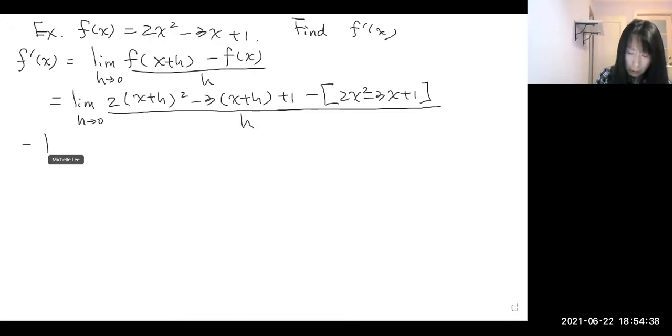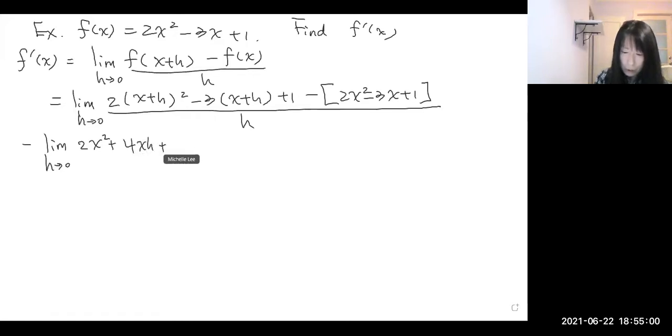Let us do the algebra. So x squared plus 2xh plus h squared, the first term. And then we multiply by 2. So 2x squared plus 4xh plus 2h squared.